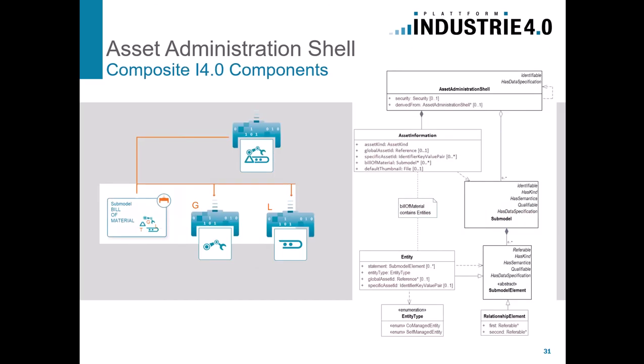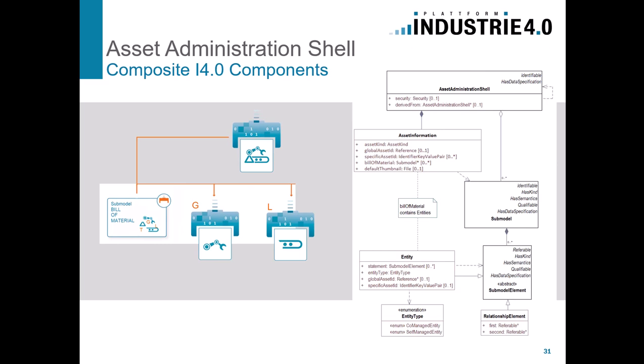So let's start with composites. This is perhaps a little bit more complex, but it's typically something that people ask very, very often. How do we deal with composites? Of course, there are complex and composite assets, but you will not find an asset administration shell that is directly containing another asset administration shell or something like this.